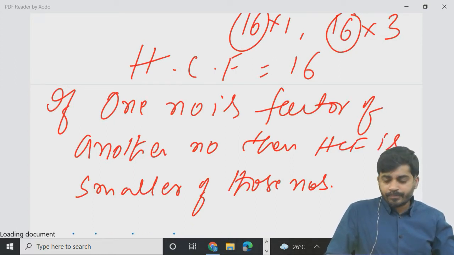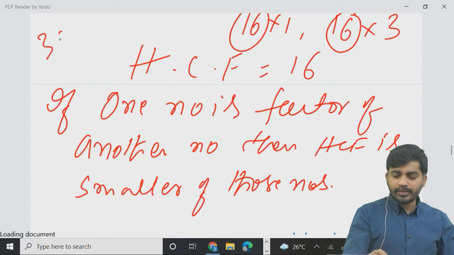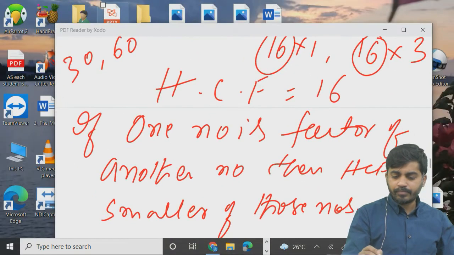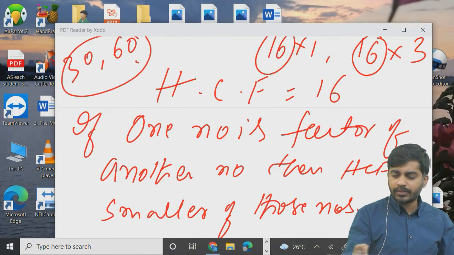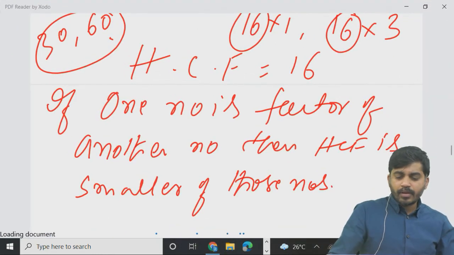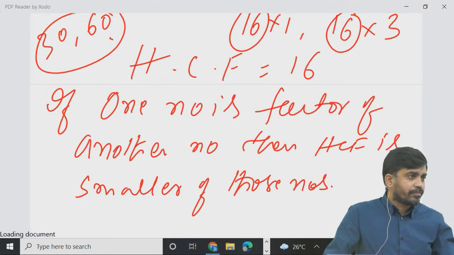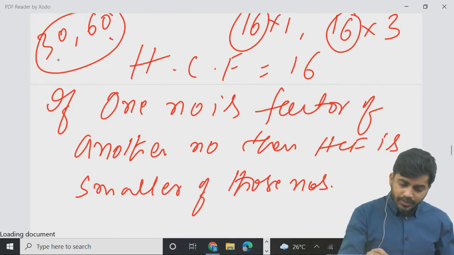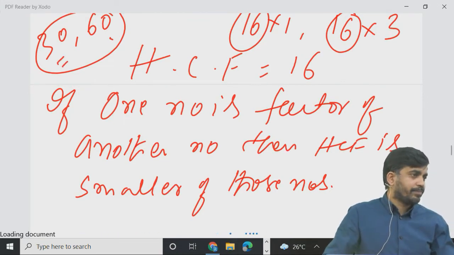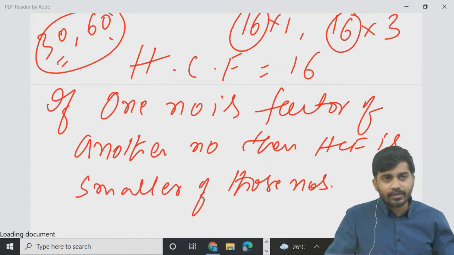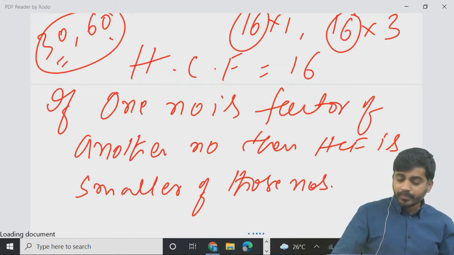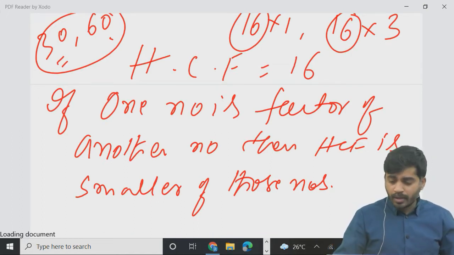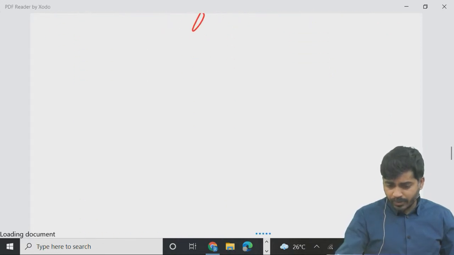Clear? For example, 30 and 60. What is the HCF? 30 itself is a factor of 60. So HCF is 30, the common factor. 50 and 100, 50.